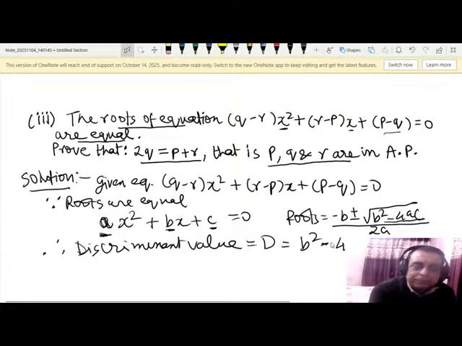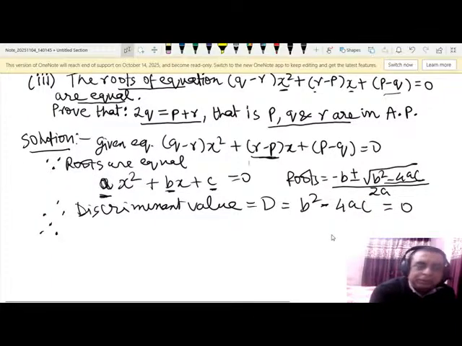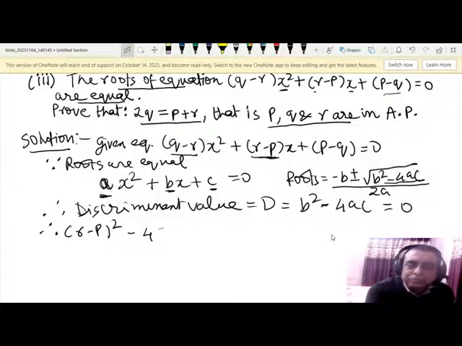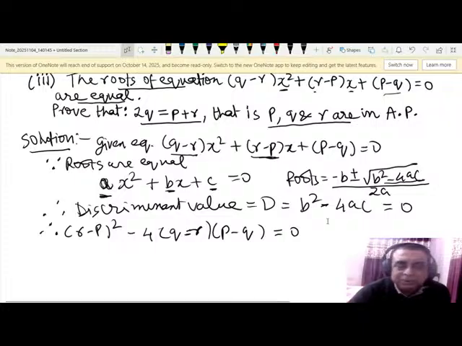Now what is b? b is the coefficient of x, that is r minus p. Therefore you put here r minus p whole squared, minus 4 times a. a is the x squared coefficient, which is q minus r, times c. c is the constant term, that is p minus q. The value should be equal to 0.